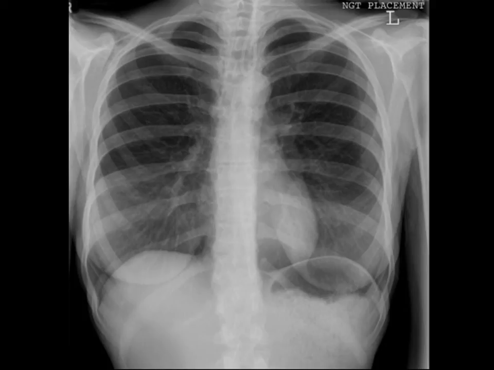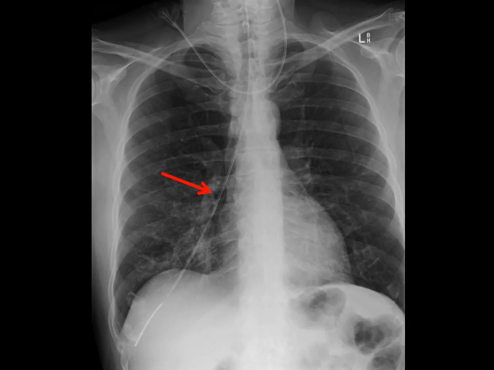The most common malposition of a nasogastric tube is a result of the nasogastric tube being too short, coiling in the pharynx, or having the tip of the nasogastric tube 10 centimetres from the gastroesophageal junction. Another malposition is insertion into the airways by mistake, with its tip in the right main bronchus.